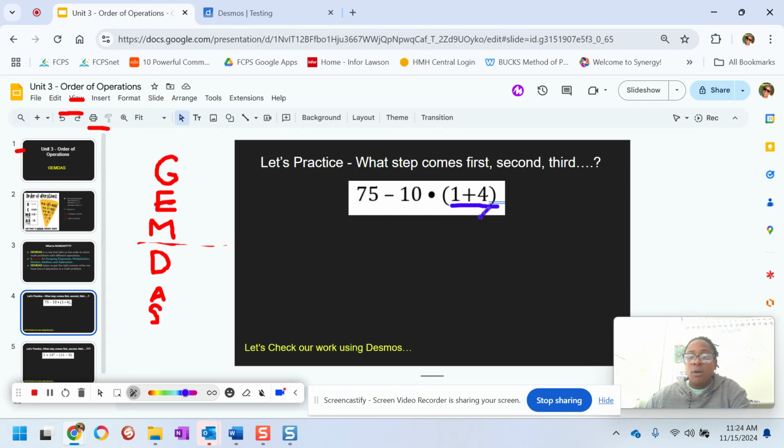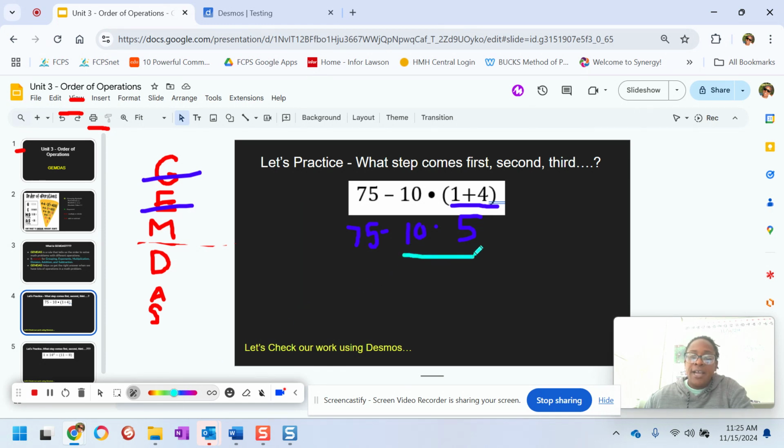1 plus 4, I know that it is 5. And then I'm going to bring down everything else that I did not use. So I take the G away. I ask myself, do I see exponents? 75 minus 10 times 5. No exponents. Do I see multiplication? Absolutely. So that's where I start.